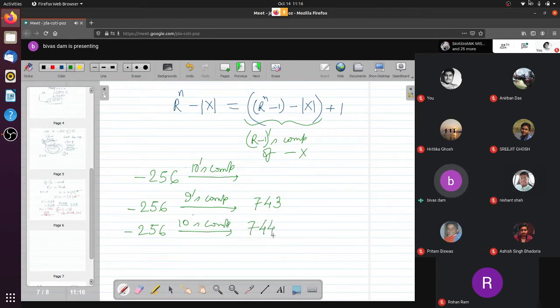I won't say it's 743 in the positional number system of the decimal system, because it has undergone a certain type of transformation.